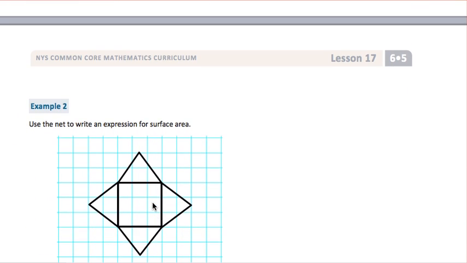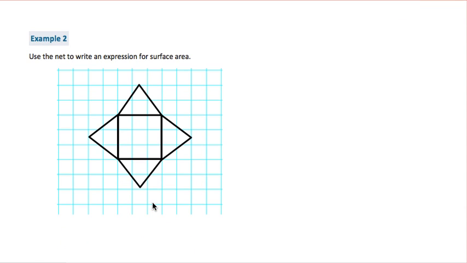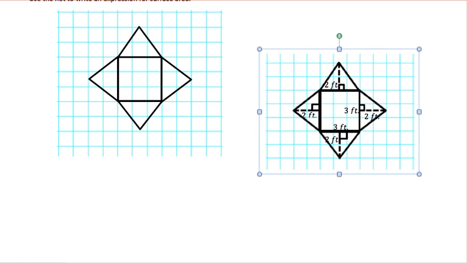In example 2, we'll do the same thing for a square pyramid. And the square part of that pyramid is easy to find, 3 by 3. The triangular base, hopefully, is fairly easy for you to see that it is 3.